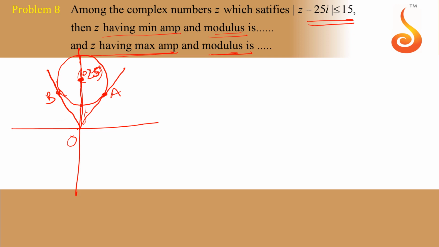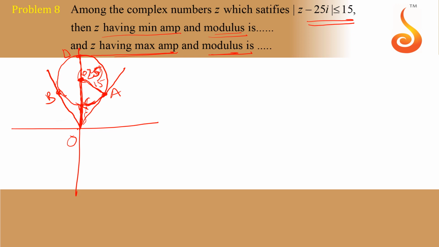With minimum modulus, this is the complex number, suppose C, and something like D here is with maximum modulus. Now if I join, this is the radius, which is 15, and this is 25.